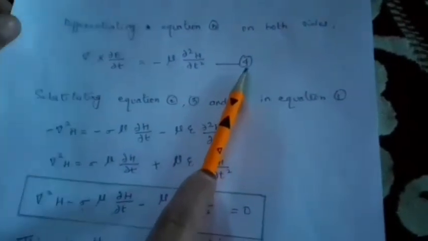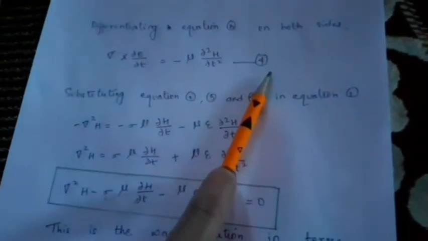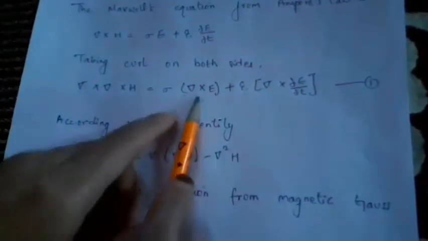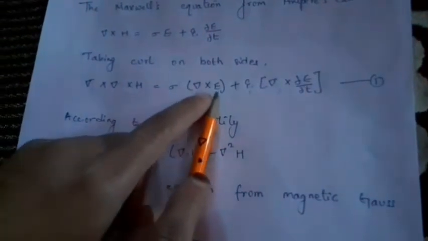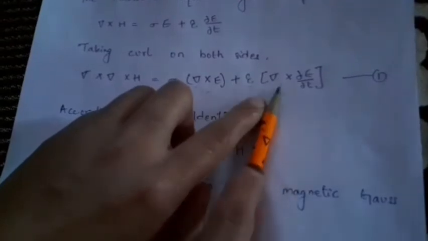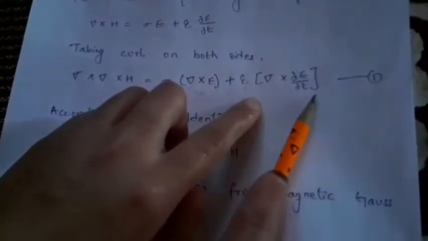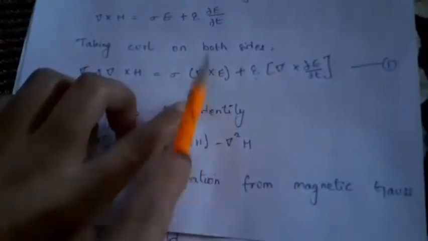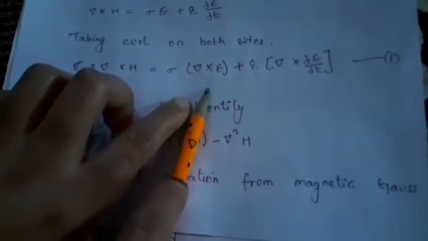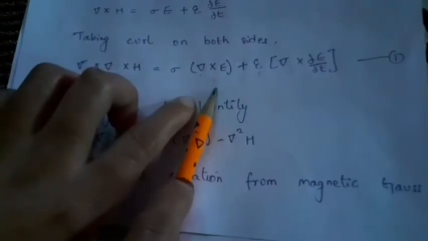You can consider this as the fourth equation because in equation number 1, we have both sigma del cross E and epsilon naught del cross dou E by dou t. So this we can directly get from Maxwell's second equation, that is Maxwell's equation from Faraday's law.